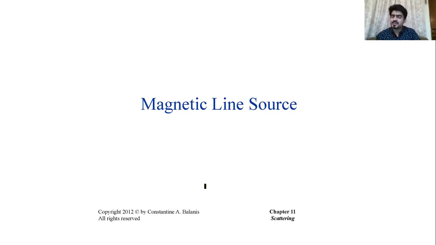Now, same thing we can do for the magnetic line source. When we say magnetic line source, basically we have some line source which carries some magnetic current and it is placed parallel to the z-axis, or in general placed parallel to the axis of your cylindrical structure, along the length of your cylindrical structure.